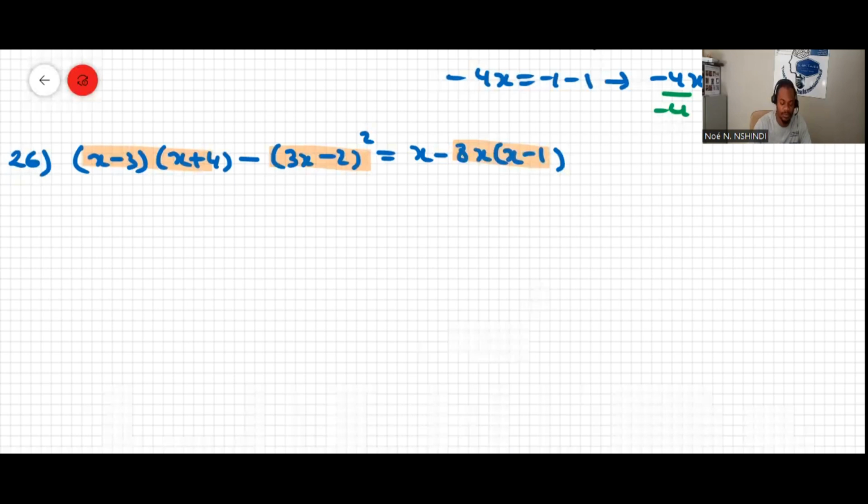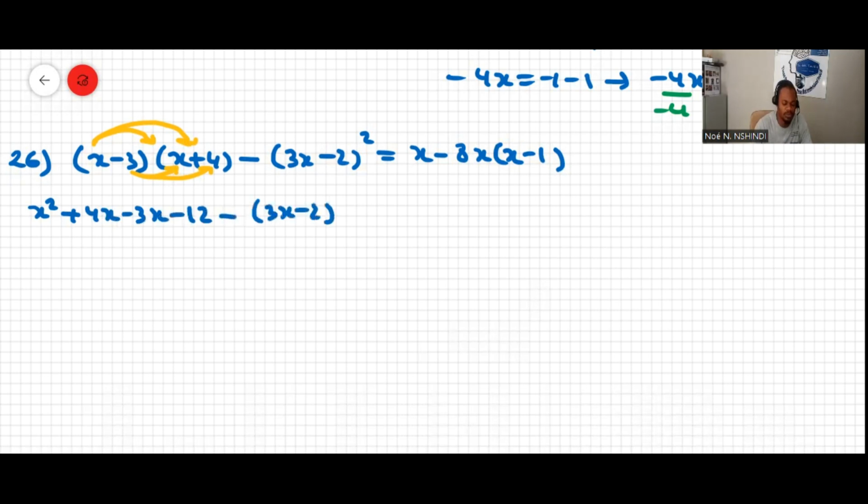Okay, so 1, 2, 3, we'll do that. Now over here we will do that times that, that times that, that times that, that times that. That makes x squared plus 4x minus 3x minus 12 minus 3x minus 2 times 3x minus 2 equal to x minus 8x squared.